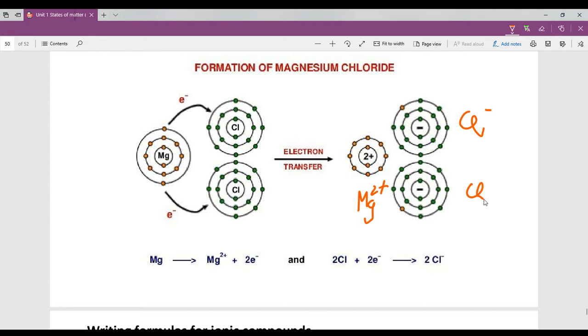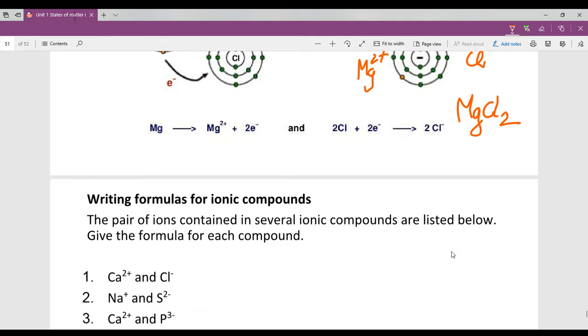So in order to make an ionic compound, you will need 2 negative to balance out 2 positive. So at the end, you will have a compound called MgCl2. That 2 represents there are 2 Cl and 1 Mg.